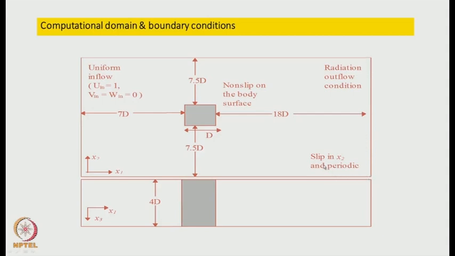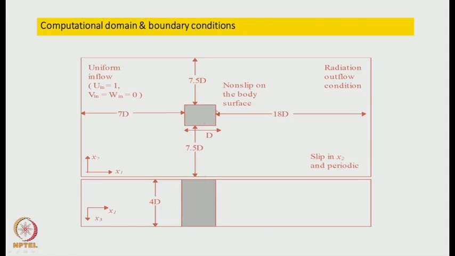There is a boundary condition called slip boundary condition, and that is specified in the x2 direction. So, that is the boundary here as well as the boundary here, top as well as bottom in this x1 x2 plane view.